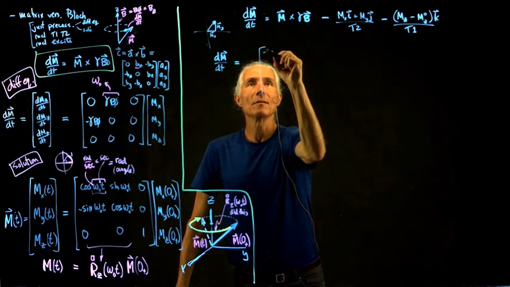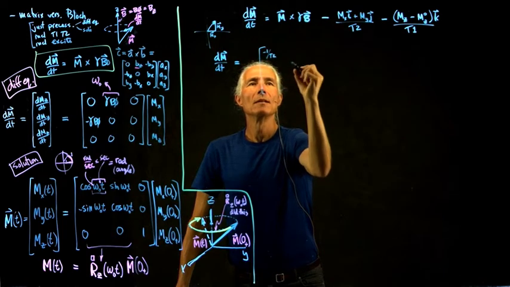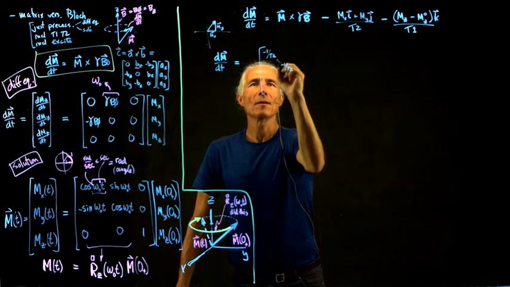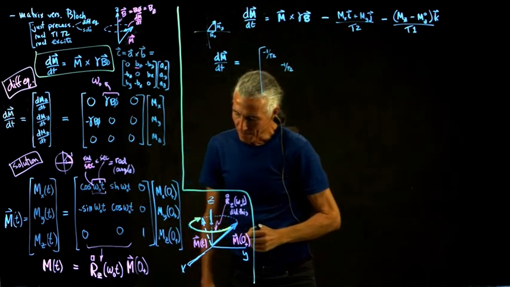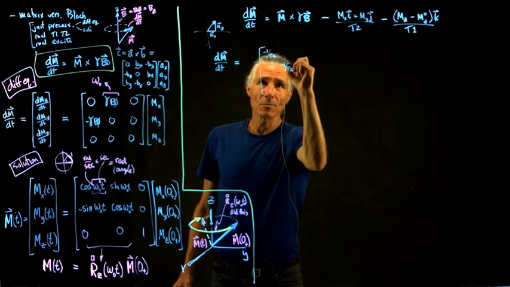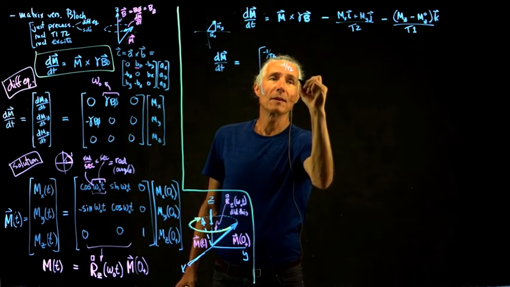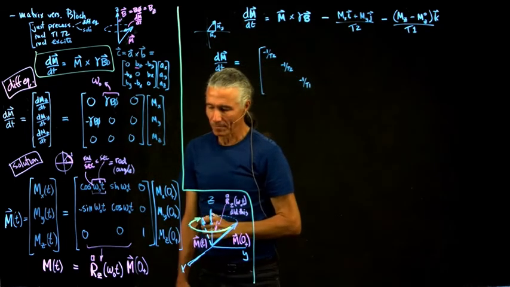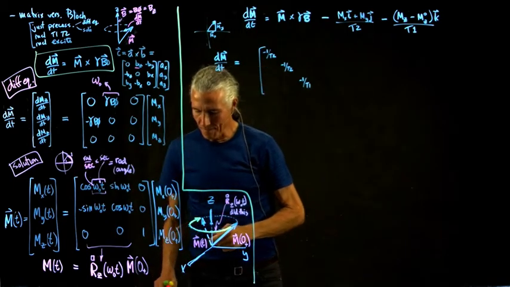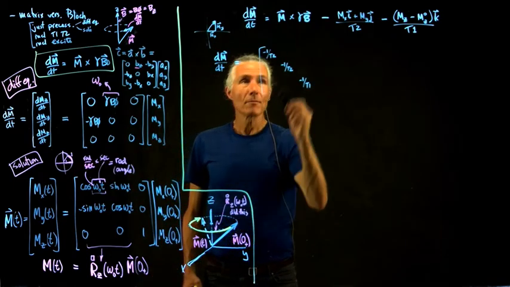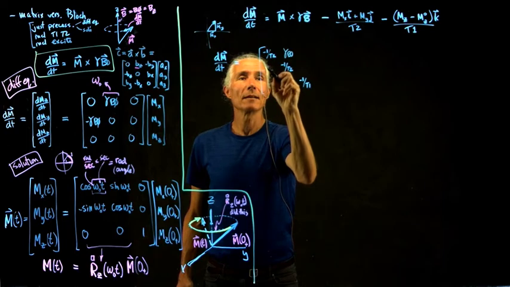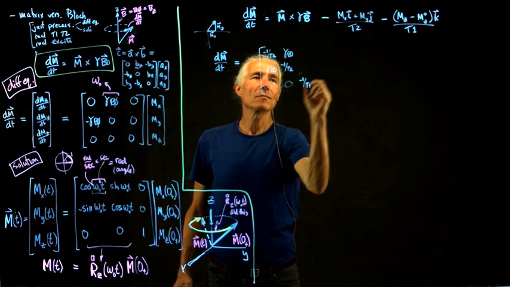The decay terms are 1 over T2, and again 1 over T2 because we have the x and y parts of that, and then 1 over T1 for the z, each with a minus sign. And then the other things are the same as they were before. So here's the precession part, and we've got a negative version of that over here, and then 0, 0, 0, 0.